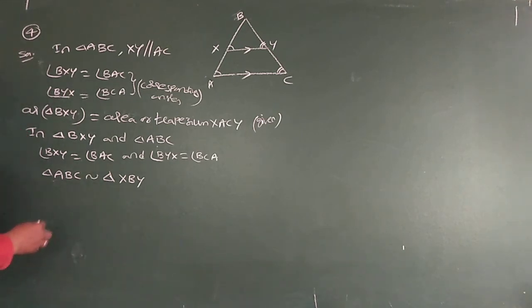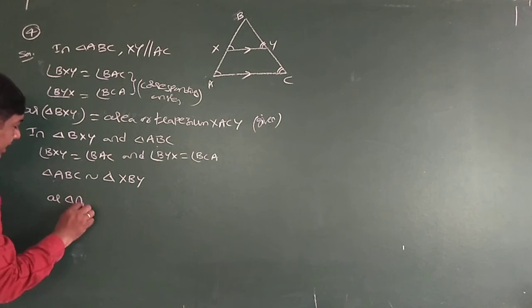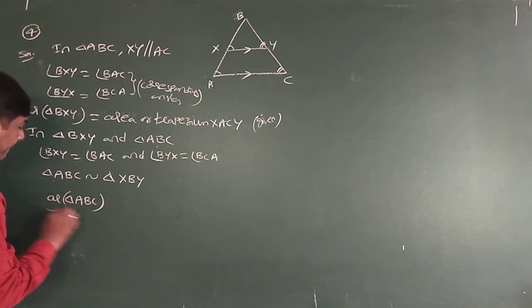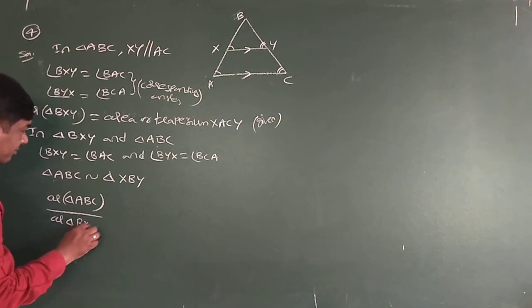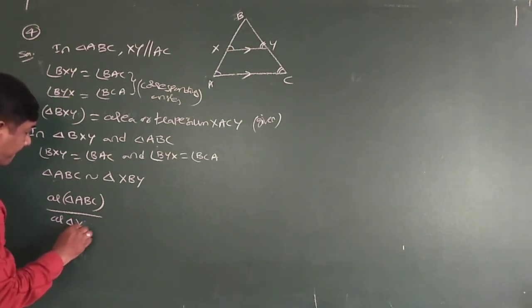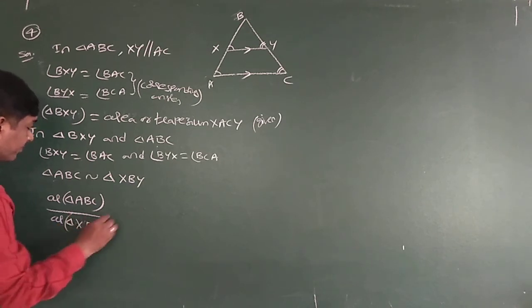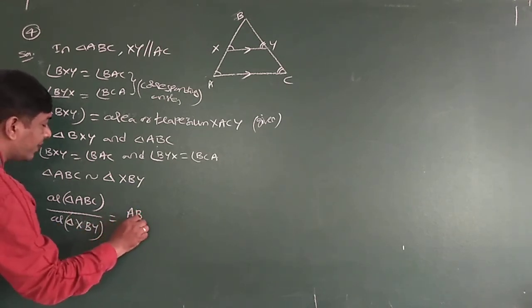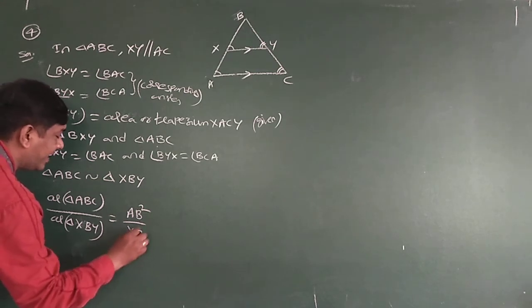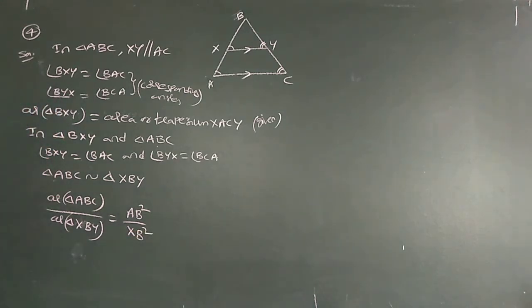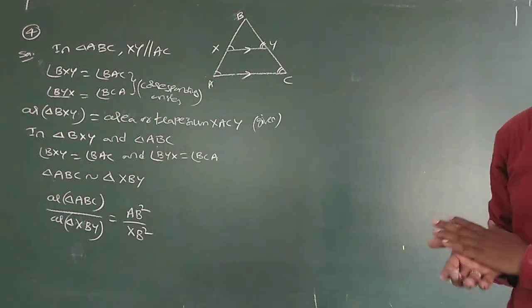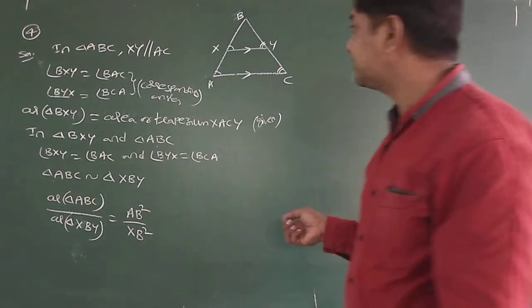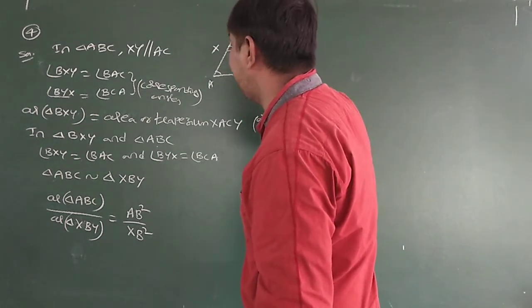Now, area of triangle ABC by area of triangle XBY is equal to AB square by XB square. Can I write? By similarity, the ratio of the areas of two similar triangles is equal to the ratio of the squares of their corresponding sides.